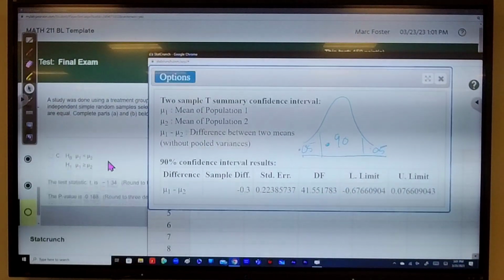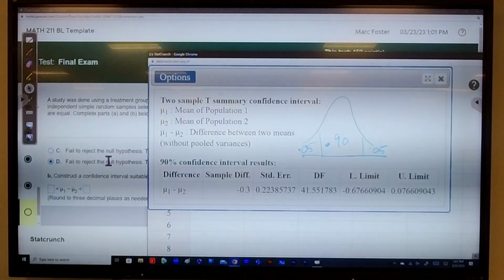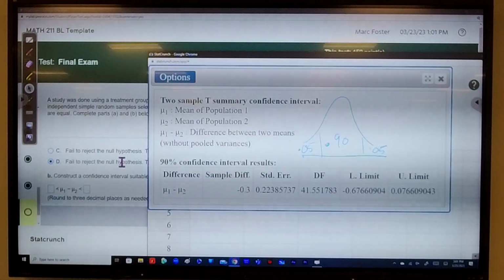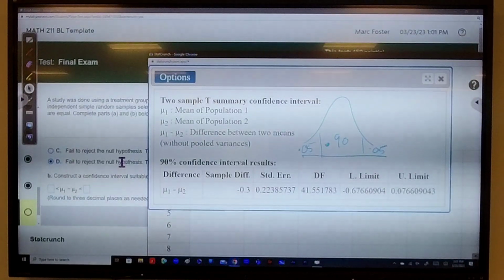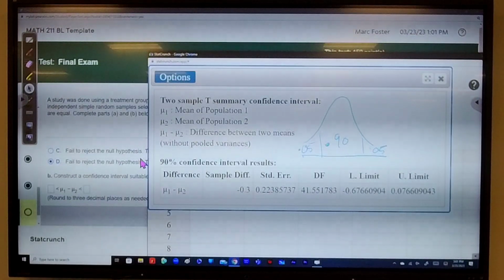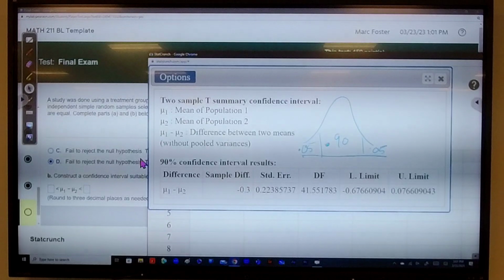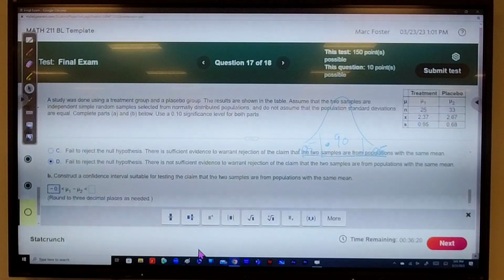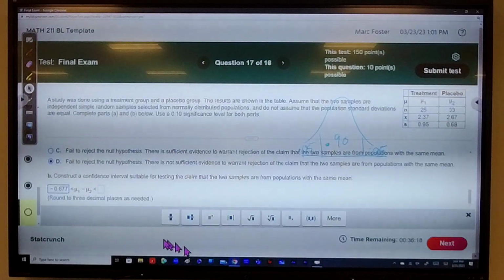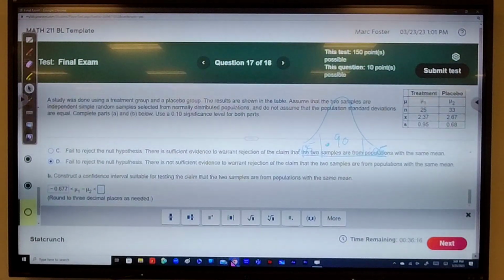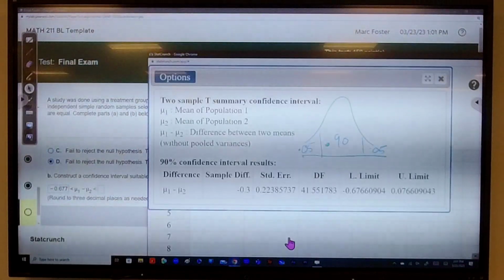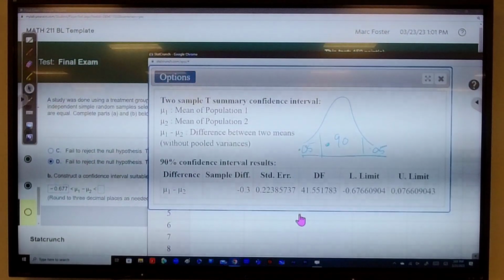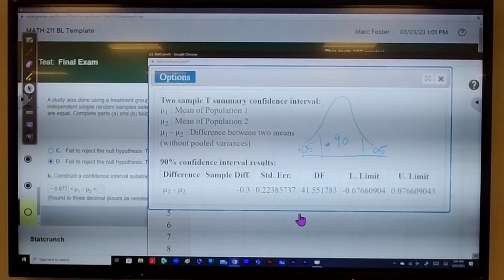So then now I have my confidence interval. To 3 decimal places, minus 0.677 up to 0.077.